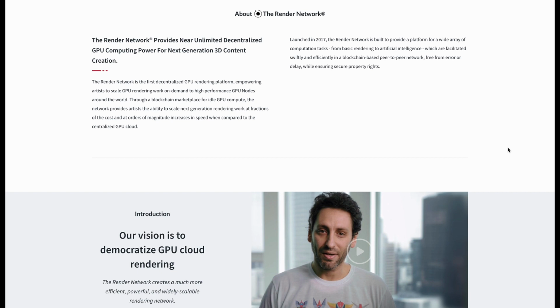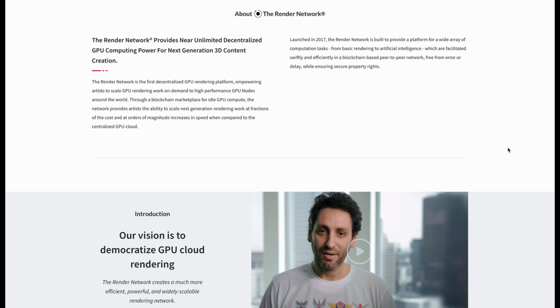Rendering power: users with powerful GPUs and computers can contribute their idle processing power to the Render network. For those who don't know what GPU stands for, GPU stands for Graphics Processing Unit. It is a specialized electronic circuit designed to accelerate the processing of images and videos in computers and other devices.